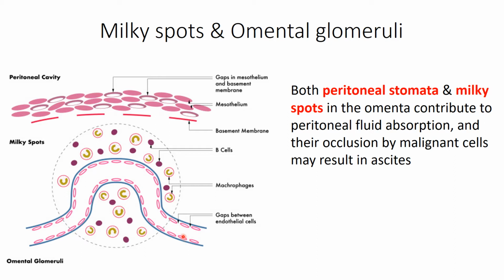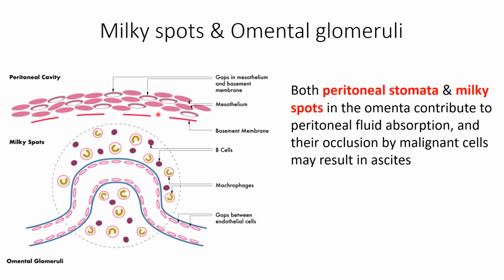This convoluted capillary forms the omental glomeruli with its typical convolutions, and here is also visible the interrupted basement membrane, where the mesothelial cells are directly positioned against the endothelial cells without an intervening basement membrane.